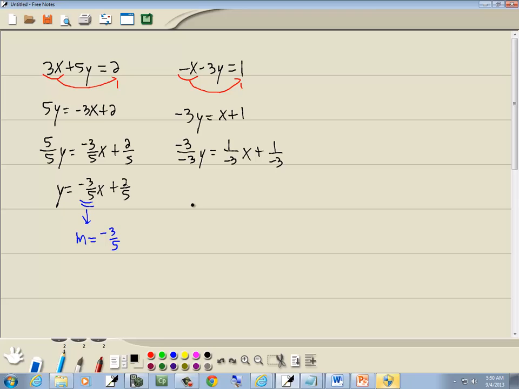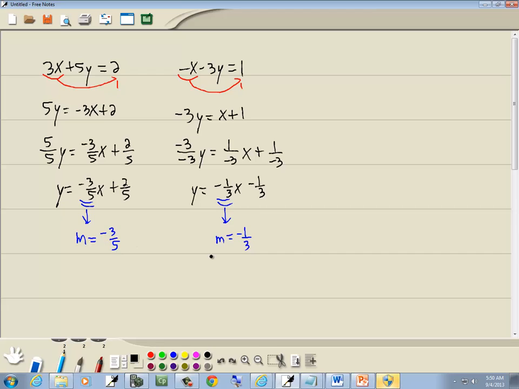Those negative 3s are going to cancel, and we've got y is equal to negative 1/3 x minus 1/3. Now again, the reason we put it in slope-intercept form is so we can easily identify our slope. Your slope is whatever's before your x, which is negative 1/3 here.